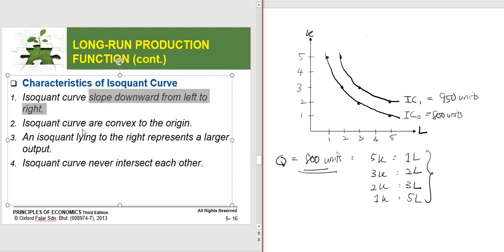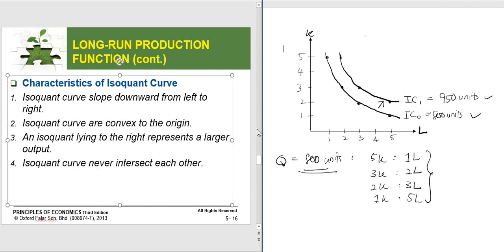It is convex to the origin, inward towards the origin here, and isoquant curve lying to the right represents a larger output. So the higher the indifference curve, the higher the number of output. As you can see here, from IC0 to IC1, the number of output is increasing from 800 to 950.